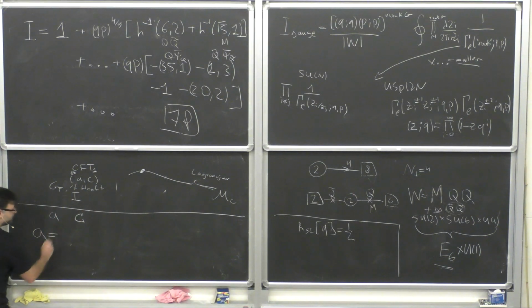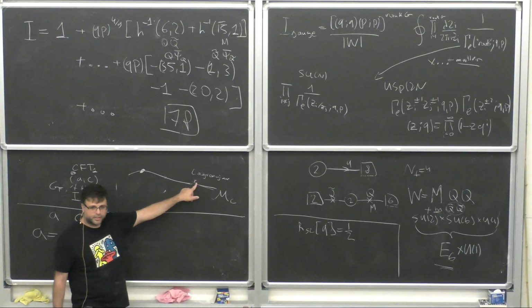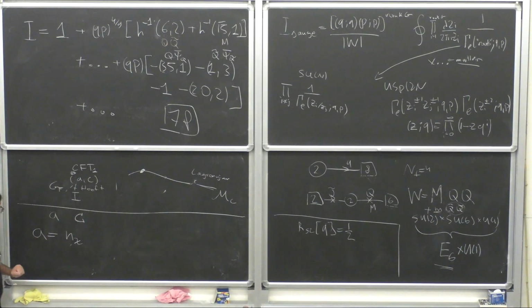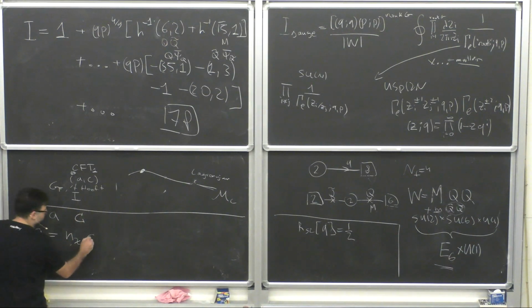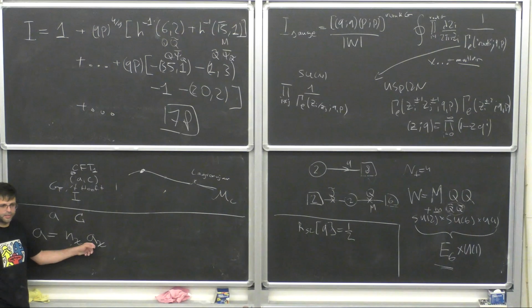The A anomaly has to be equal to the number of free fields that I have in this Lagrangian, let me denote it by n_chi, times the contribution to the anomaly of a free field, which I denote by a_chi. We computed it in the previous lecture. If I'm not mistaken, it's 1/48. I should remember that, but I never remember. But you have it. For today, we don't need it. Later, we will need it.